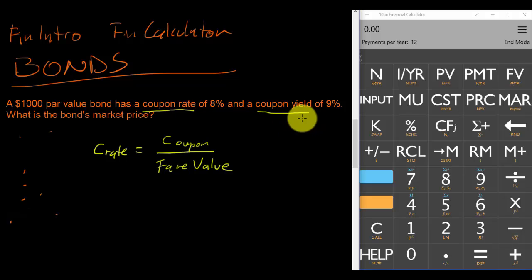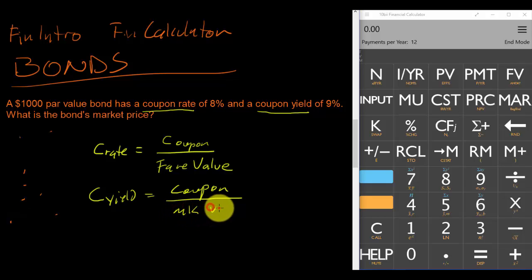And my coupon yield is equal to my coupon over my market value. Market value is another word for price of the bond, P sub 0. Okay, so now I have something to work with.